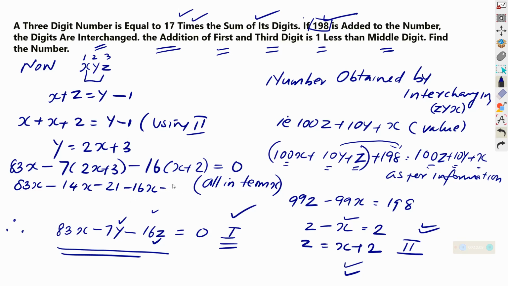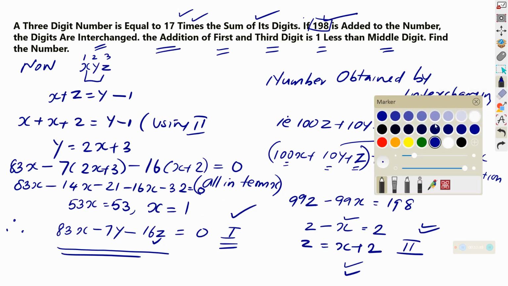So we will solve it again: 83, 16 and 14, 16, 20, 30, 50, 30 and 83. That means 53x, the x business is over, and we have 53 in the remaining. That means x is something interesting: 53x is equal to 53. That means x is equal to 1.